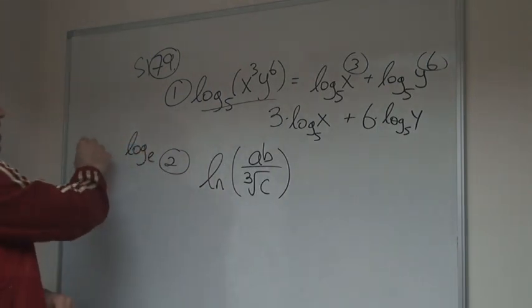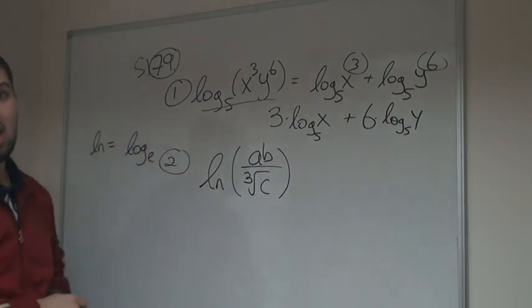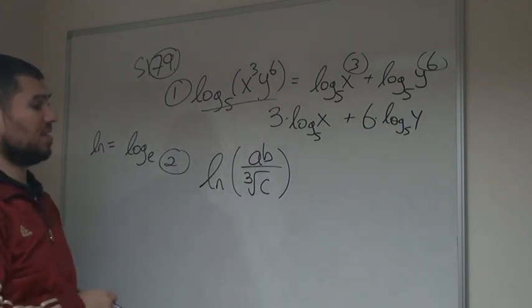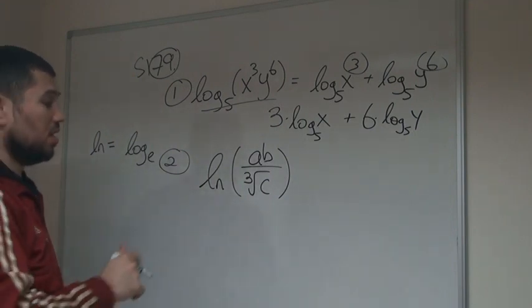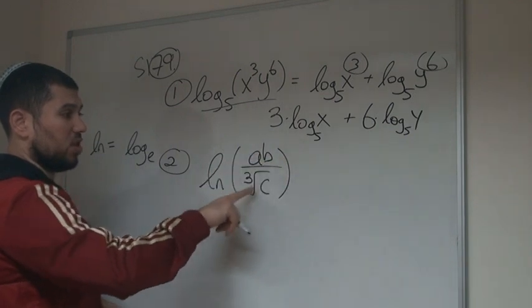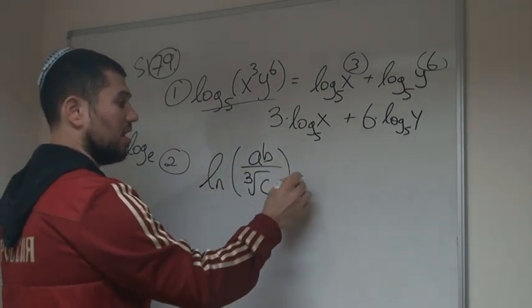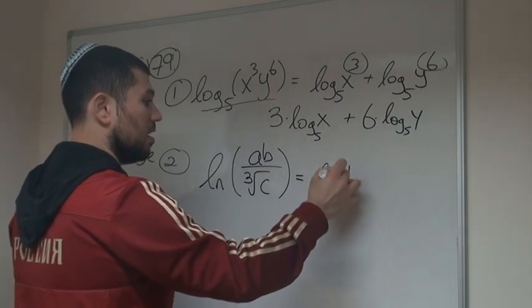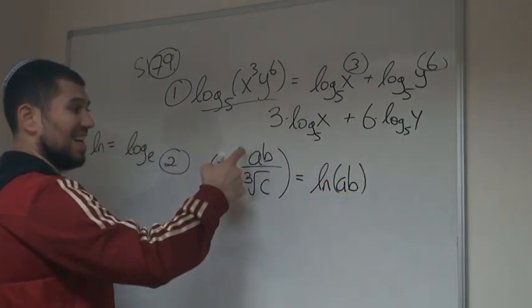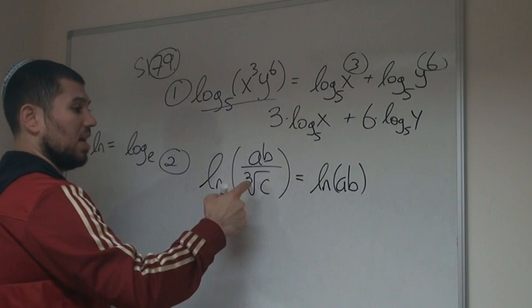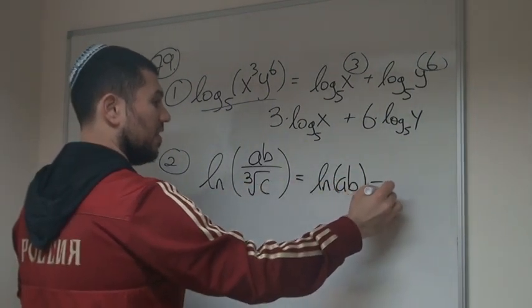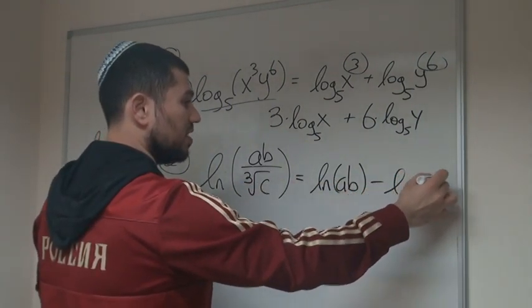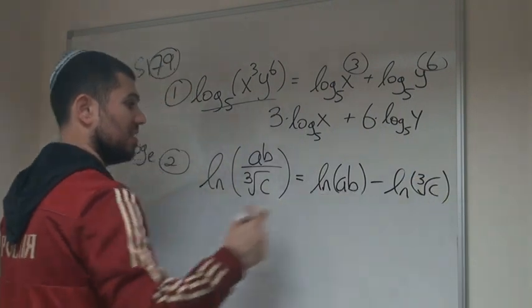That's what ln means. It's the natural log. We spoke about this in 4.3. So when I see ln of this term and I want to expand it, I can write it as the ln of ab, because that's the numerator, minus the ln of the cube root of c, because that's the denominator.